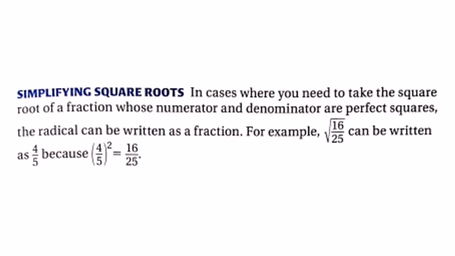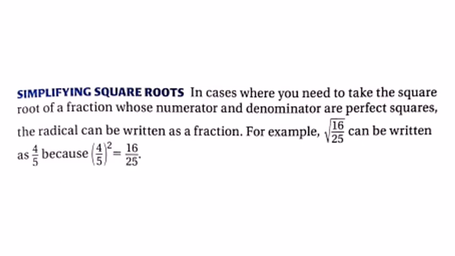Alright, simplifying square roots. This is something that we are going to go over very, very thoroughly in Algebra 2. So it's important that you get this general concept down so that when we talk about it next year, you know that I am not speaking a complete foreign language here.